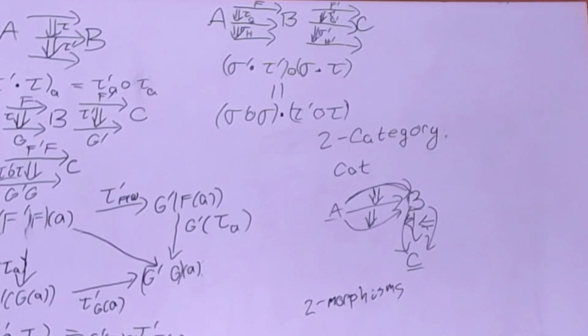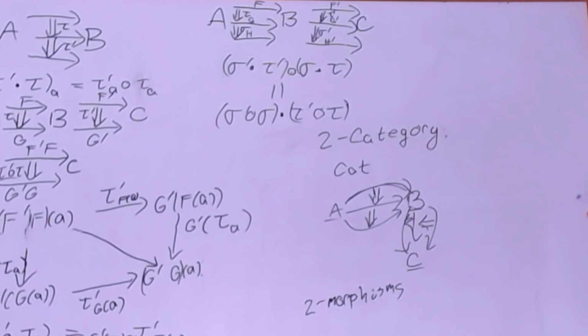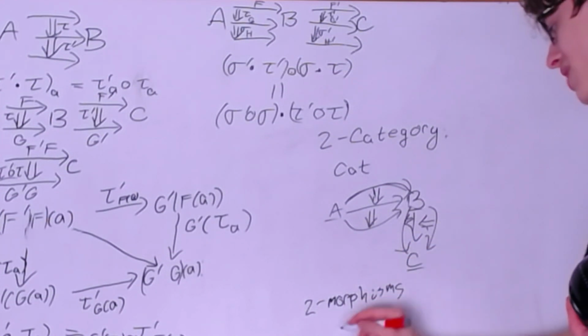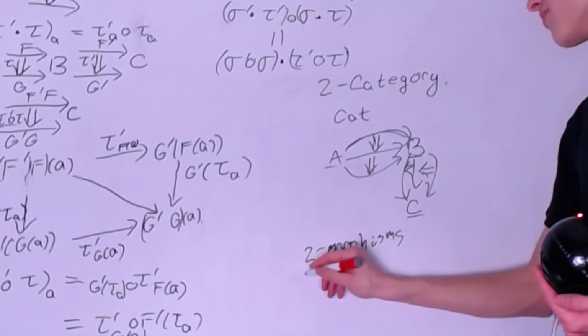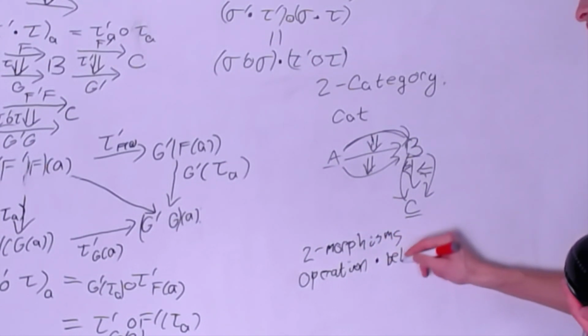Now the property we have to have is that it has two different compositions. One composition is this vertical composition. This is the one we explicitly have to define in a two-category. So first of all, we have the operation dot between two morphisms.